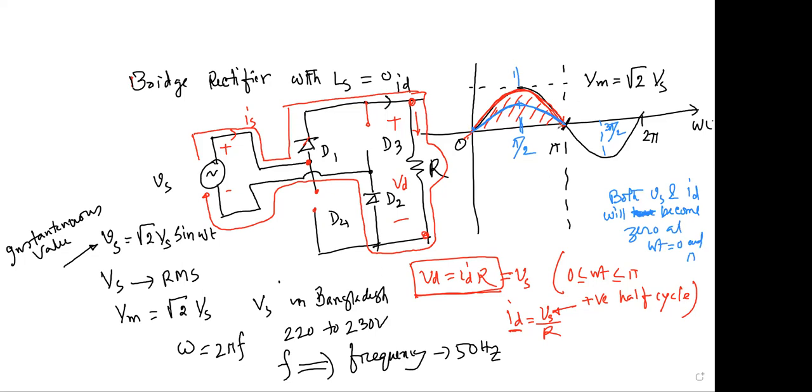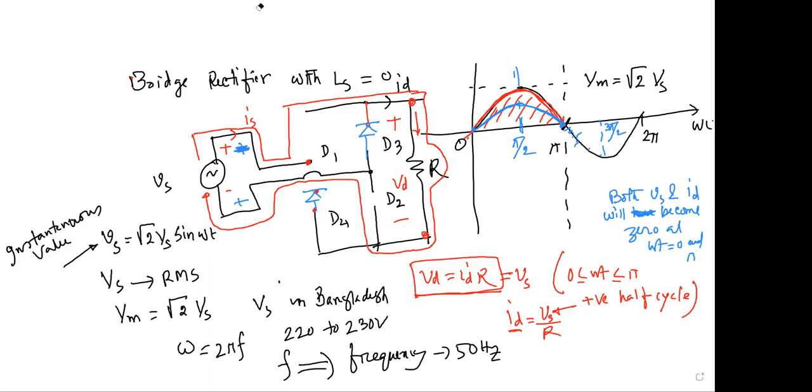Okay, so then current through your diode D1, D2 will be 0 here, and the voltage is going negative. That means it changes its direction from positive to negative here. So look here, in that case, the diode D1 and D2 will be reverse biased, and also it will stop conducting.